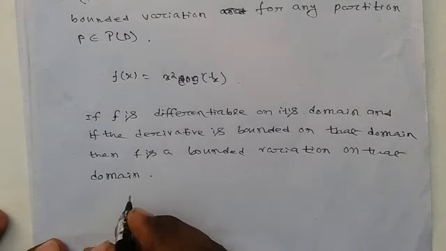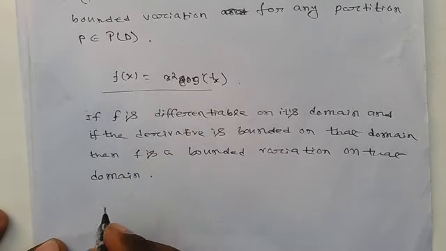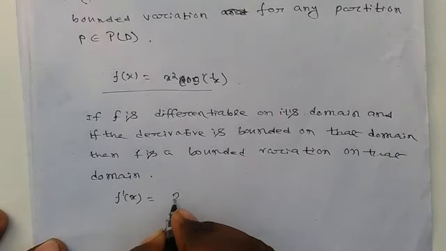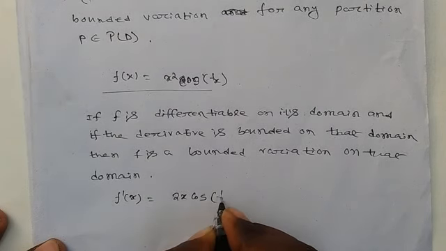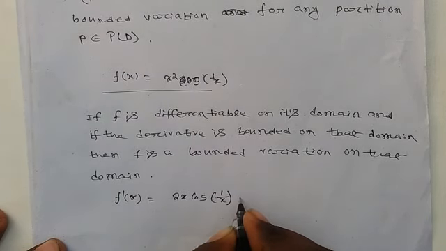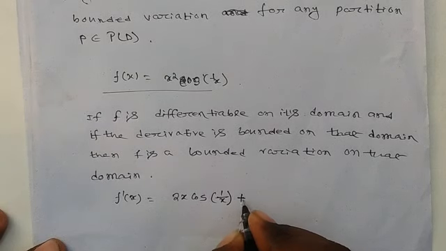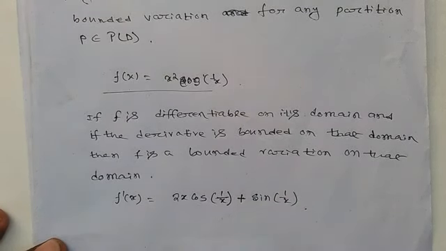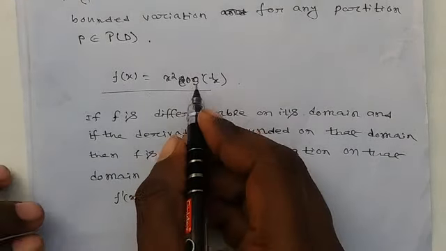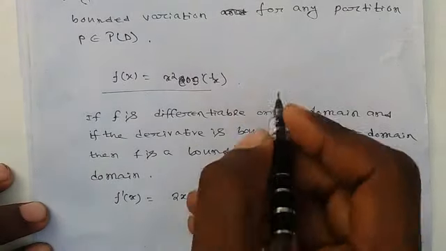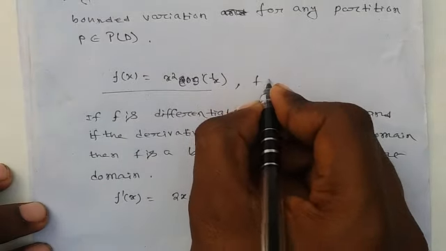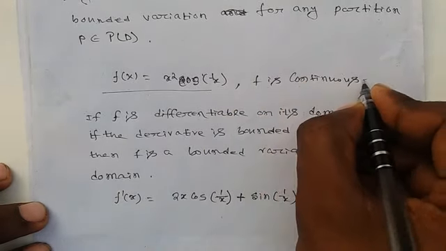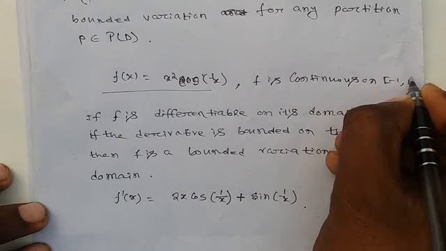Now the map is this, and so f dash x becomes 2x cos 1 by x plus sine 1 by x. And you see that f is continuous on minus 1 to 1.